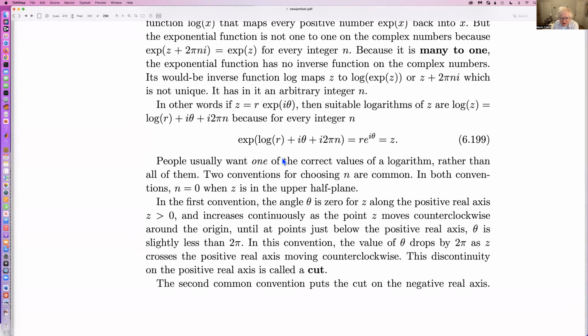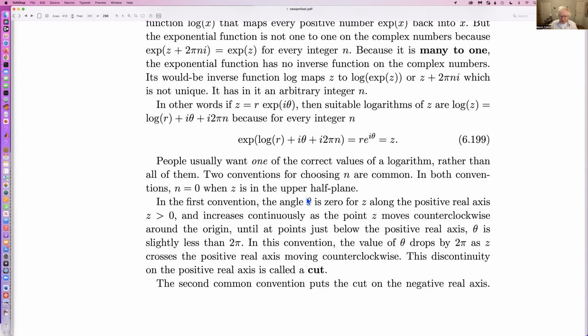In the first convention, what you do is you choose an angle theta that is 0 on the positive real axis, and then increases as z moves counterclockwise around the origin, until it points just below the positive real axis.